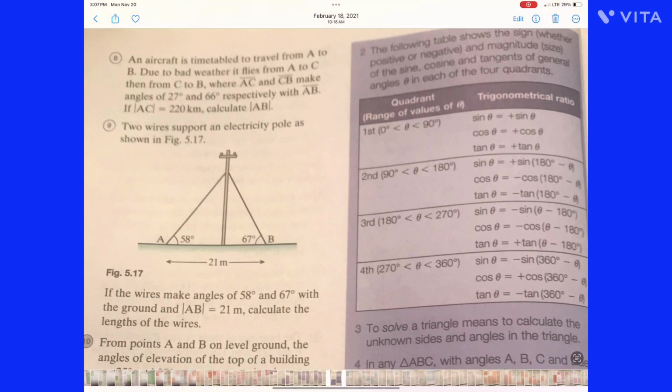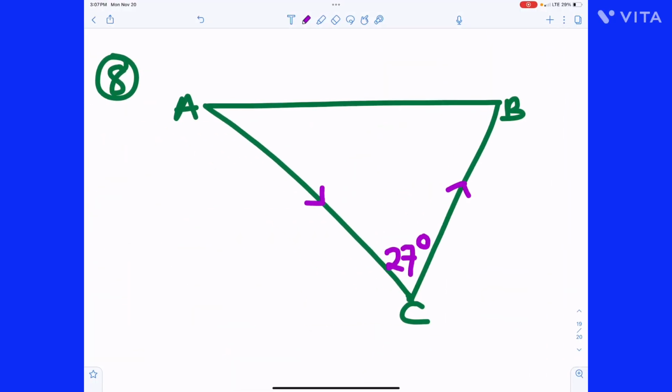Okay, I think I made a mistake. It means side AC makes angle 27 degrees with AB, so I'll put 27 degrees here. CB also makes angle 66 degrees with AB, so I'll put 66 degrees here.